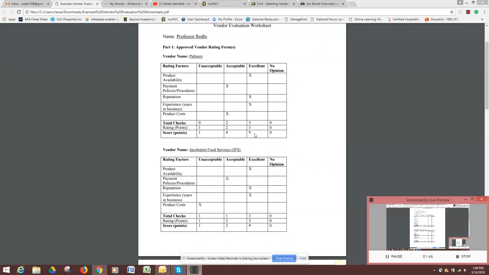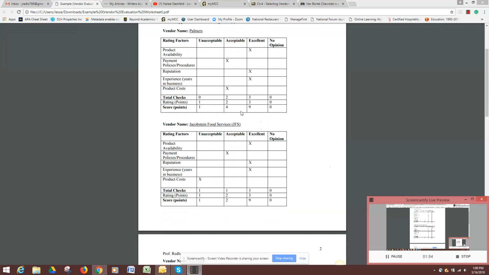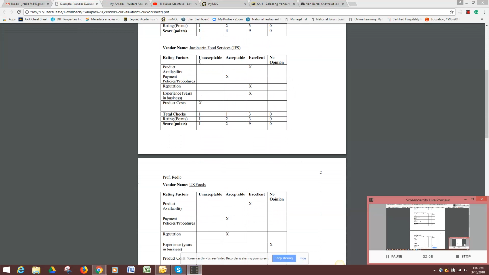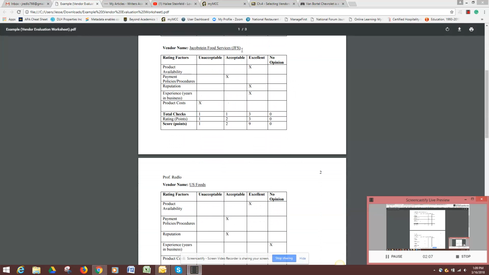And under excellent, they would have 9 points because I gave them 3 check marks. Each one carries a rating of 3 total points. So for Palmer's overall, they would have 13 total points.